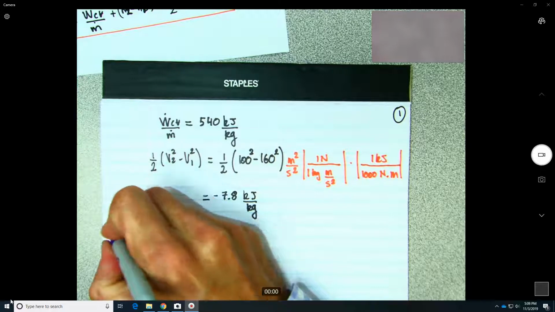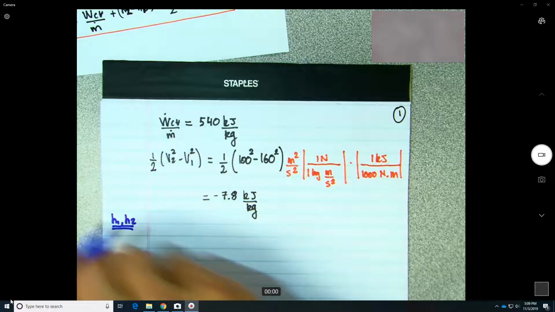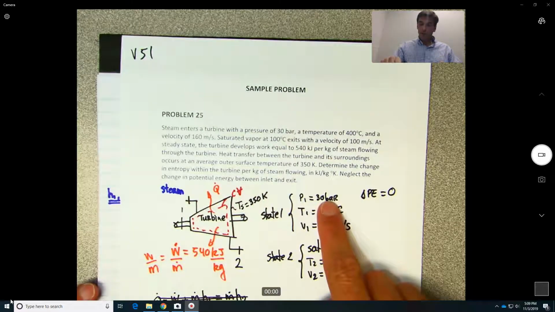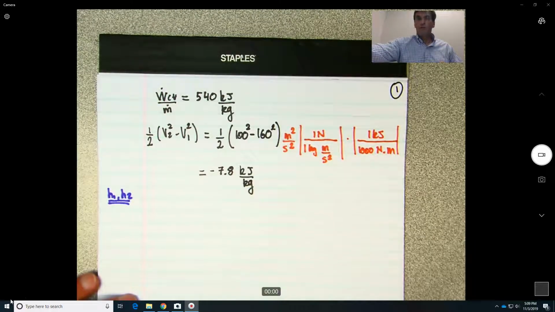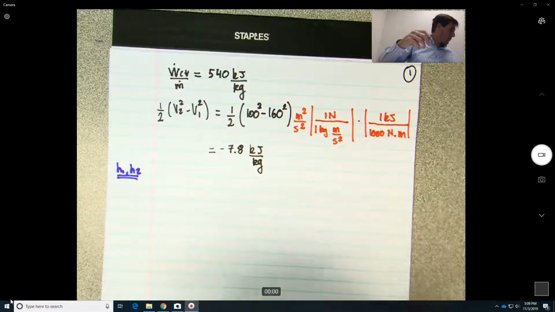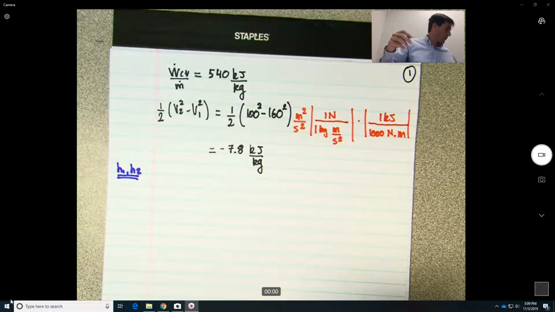We now need to find H1 and H2. For H1 we know it's steam, we know the pressure and the temperature, so we can go directly to the superheated tables.